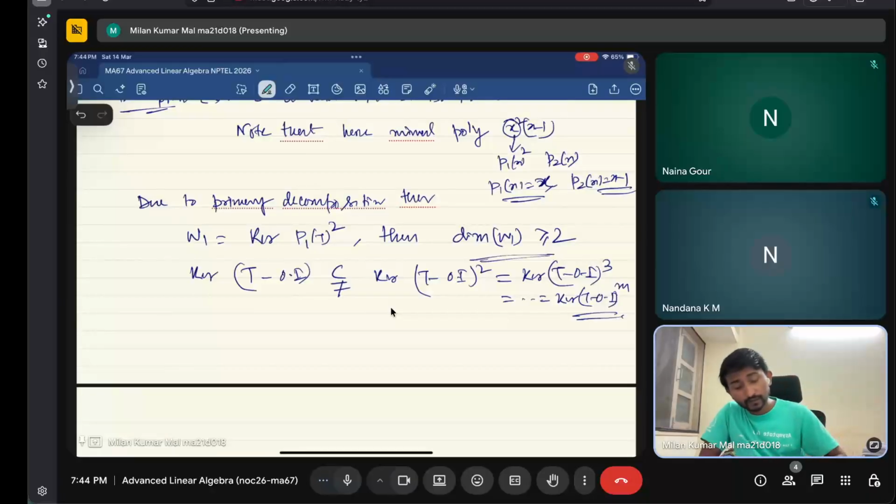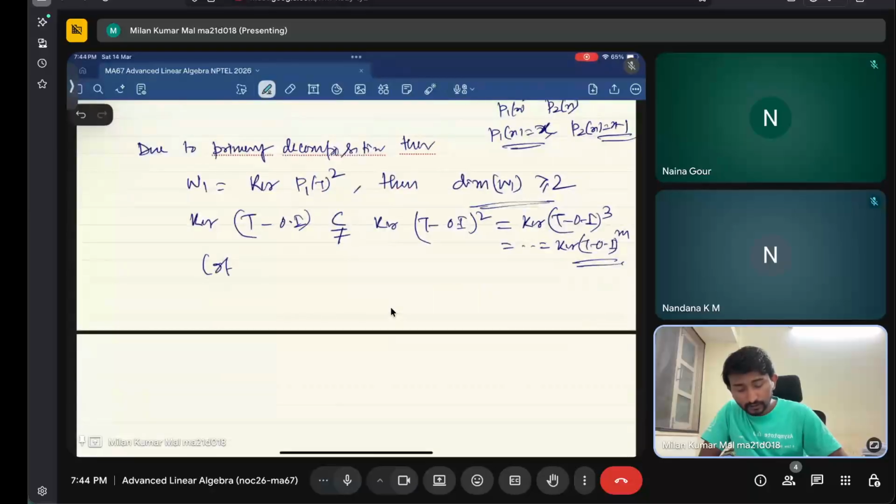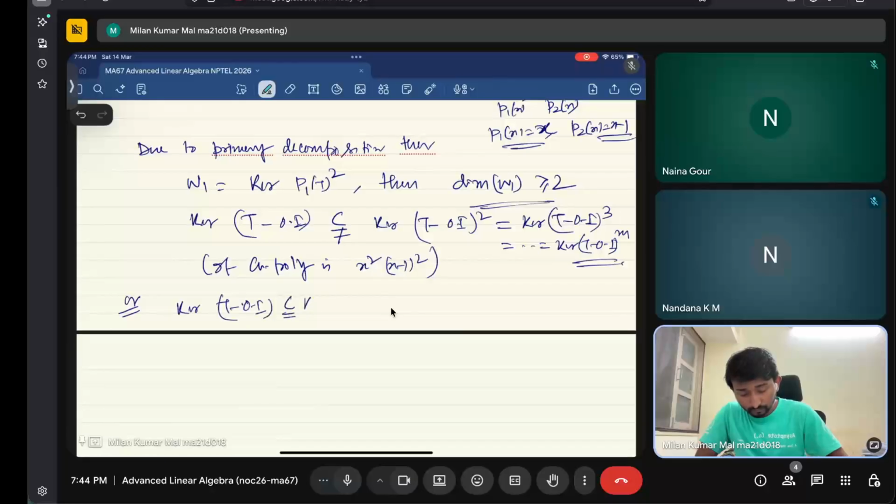If the characteristic polynomial is x square, or this is not equal to 0.